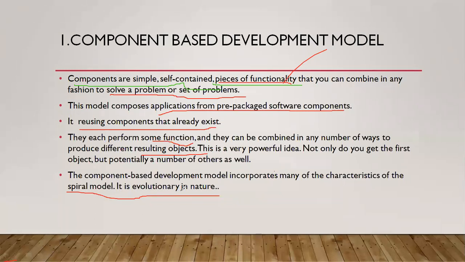So the prototype model and spiral model are both evolutionary process models in the market, and the component based process model is also one of the evolutionary process models in nature. Clear?